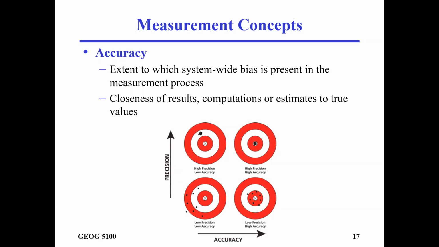Now if the precision of the shooter is good, but the accuracy is not very high, this is the situation. All those shots are very far away from the center of the target. But at least they're together, very close to each other, which means there might be something wrong with the gun or the aiming system, right? But at least the precision is good.